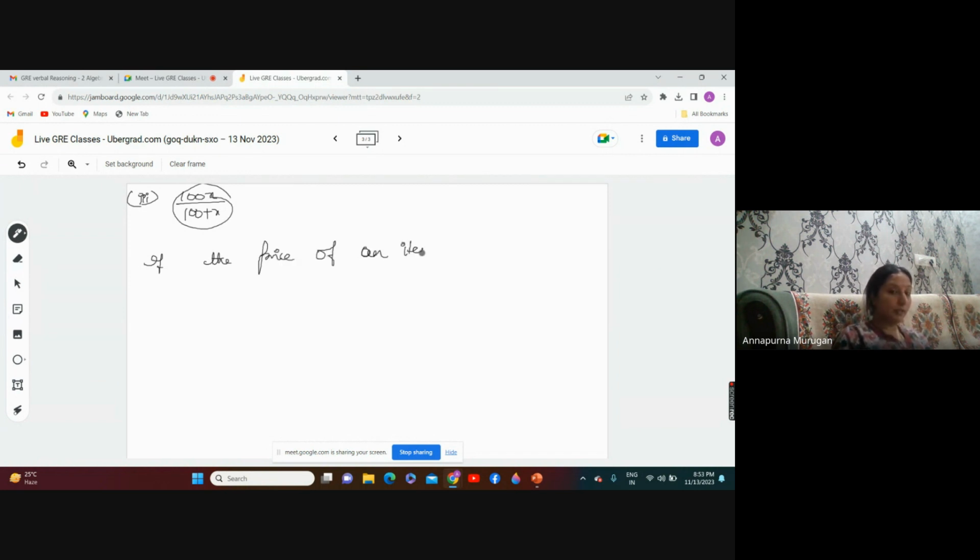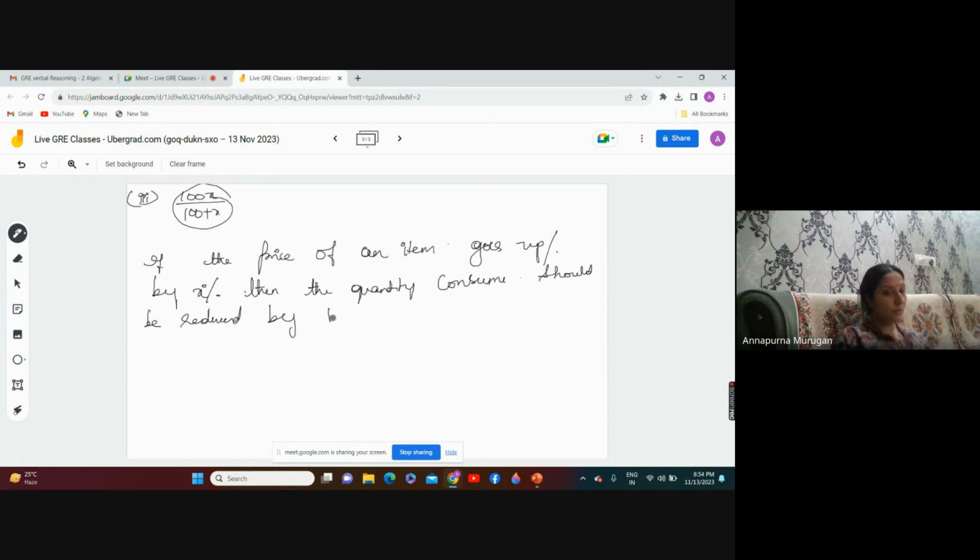If the price of an item goes up by x%, then the quantity consumed should be reduced by what percent? 100 times x by 100 plus x.